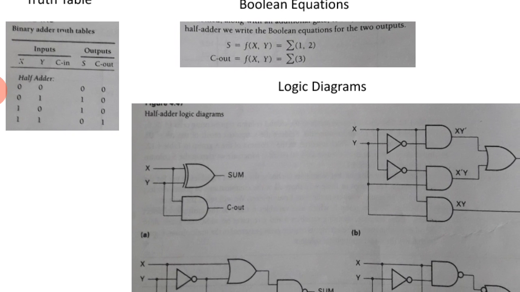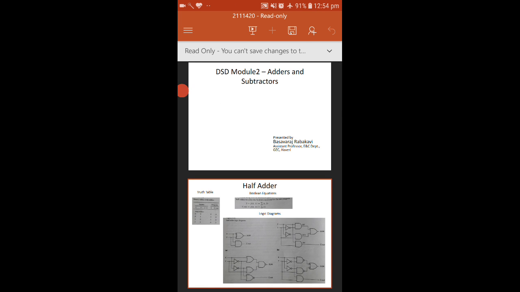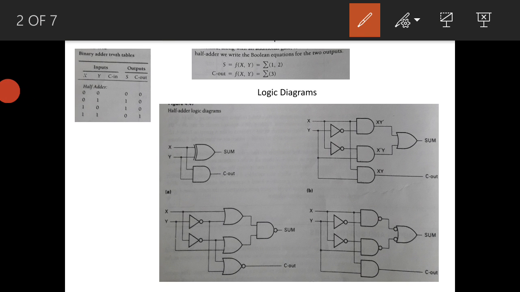From the truth table we can write the boolean function. How many outputs are there? 2 outputs, so 2 equations.